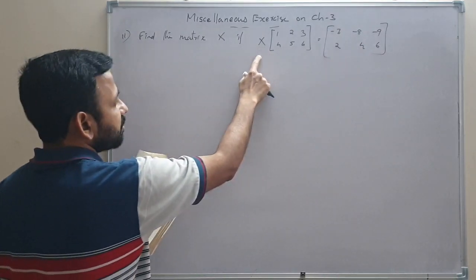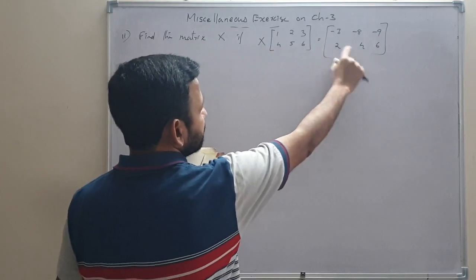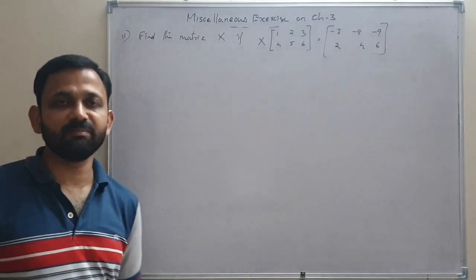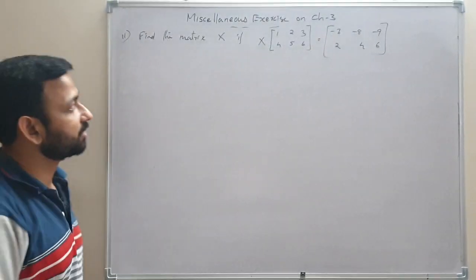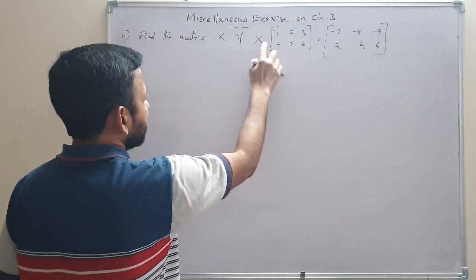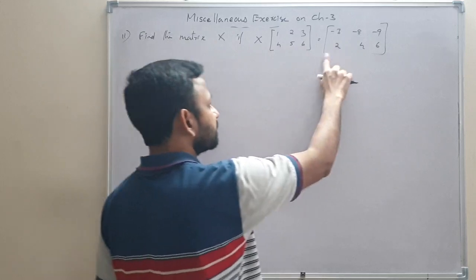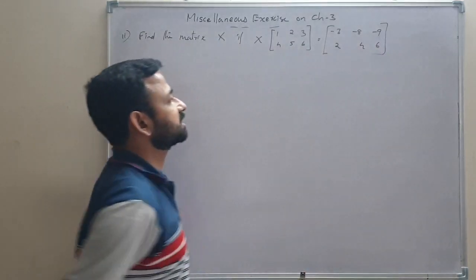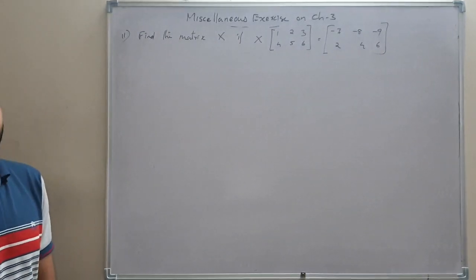So if the product of these two matrices equals that matrix, then find the matrix X. So here X is a matrix. X into this matrix is equal to this rectangular matrix. We need to find X.